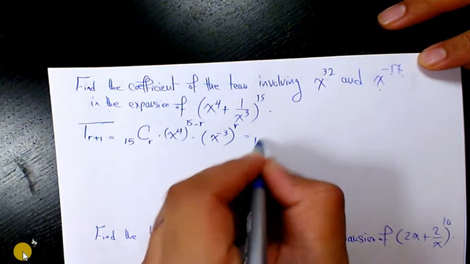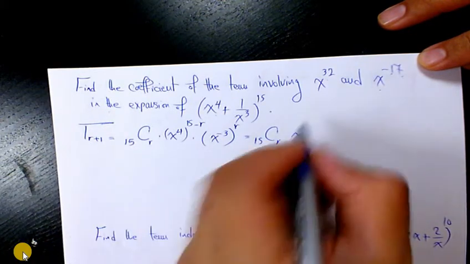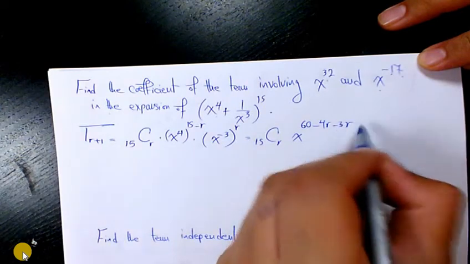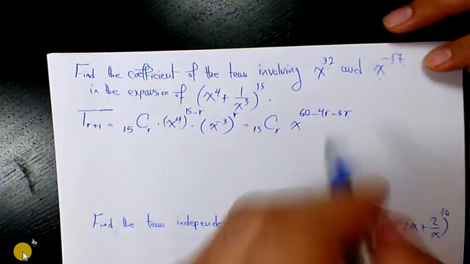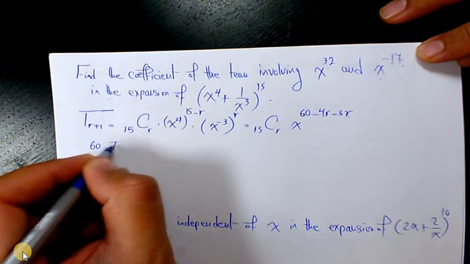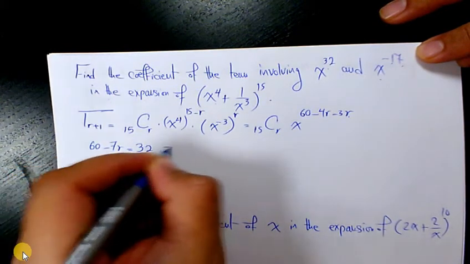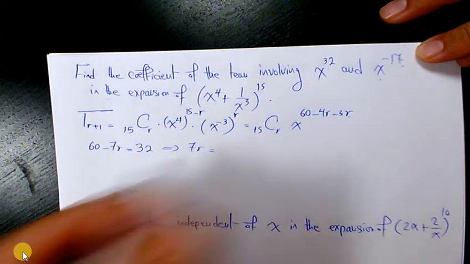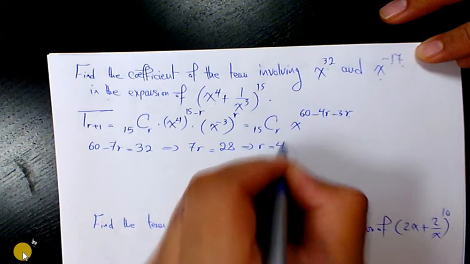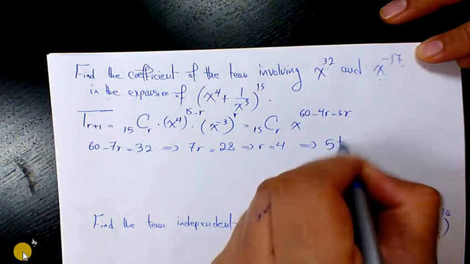So that's going to be 15 Cr, x to the power of 60 minus 4r minus 3r. So one time it is 60 minus 7r equals 32, which means 7r equals 28. So r is 4. It means that's going to be the fifth term.